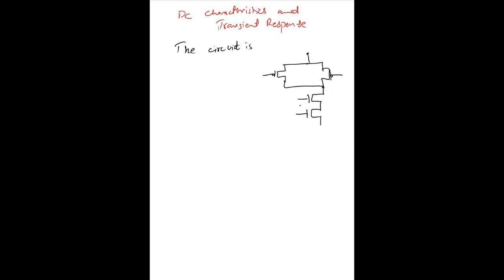We have two PMOS in our pull-up network which are connected to VDD. Then we have our pull-down network. We have NMOS here which are connected to ground, and our inputs are labeled as VA and VB. Similarly, we have VA and VB. Sorry, this is VB here, and we collect our output from this port. This is our output.